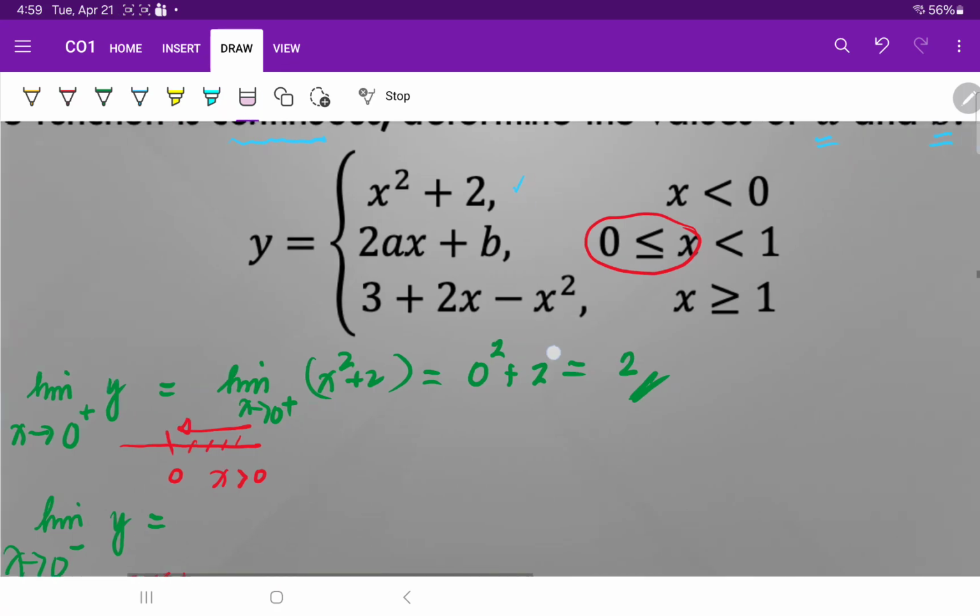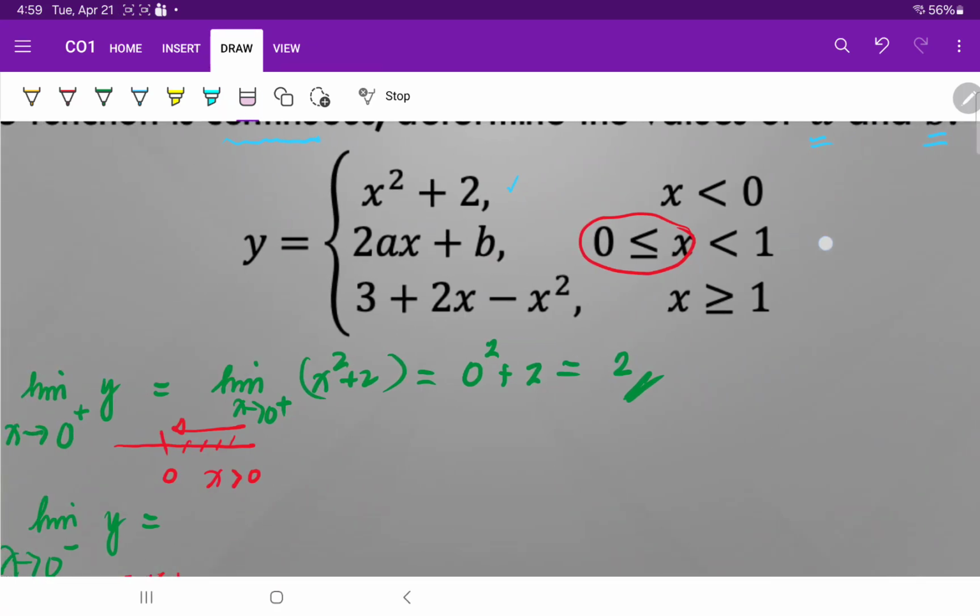Anyway, this means that we could write this as 0 is less than or equal to x. Put x here, put 0 here, it becomes greater than. So we should use this one. Let's revise this. f of x here must be 2ax plus b.